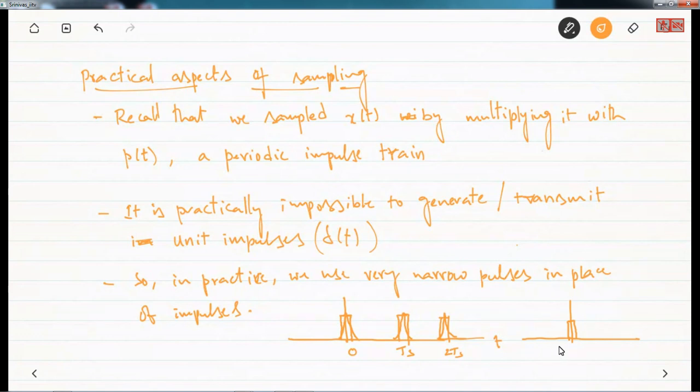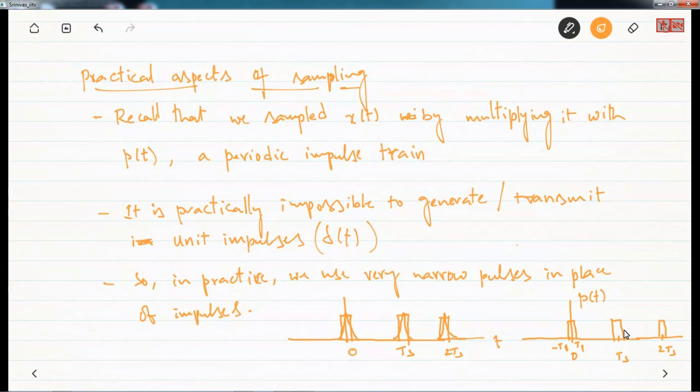Say this is from minus T1 to plus T1, and this is at 0, this is at TS, this is 2TS, and we use this as our p of t.